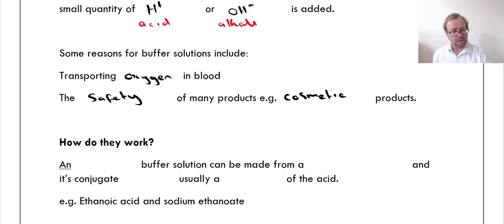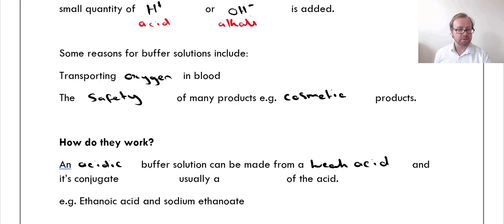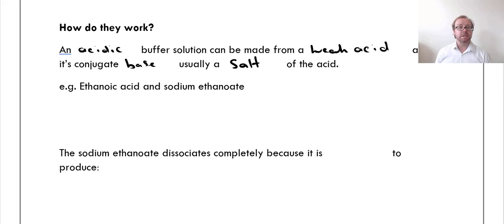An acidic buffer solution can be made from a weak acid and its conjugate base, which is usually in the form of the salt of the acid. E.g., if I add ethanoic acid and mix it with sodium, we get sodium ethanoate.